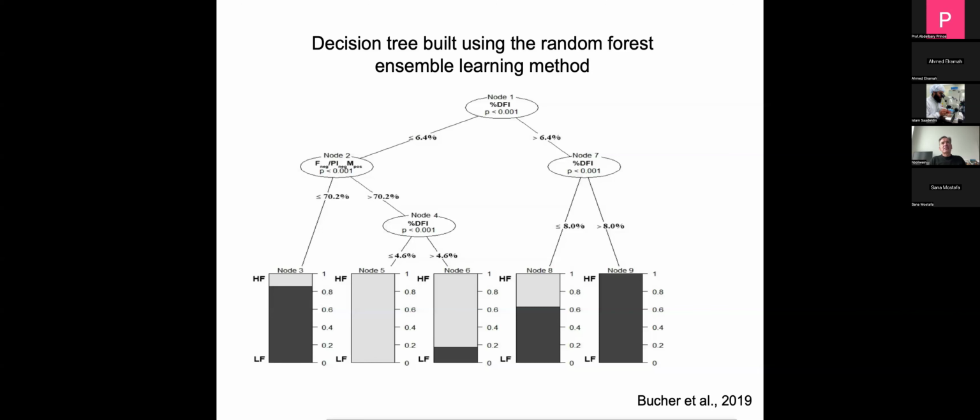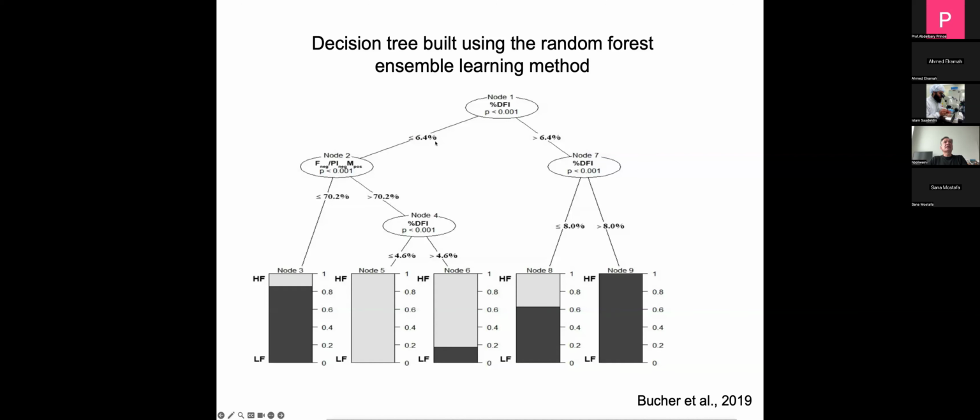And we noticed by using Foster analysis that the DNA integrity was the most important parameter for the decision. So this decision has been made by the computer, not by ourselves, by this Foster analysis.